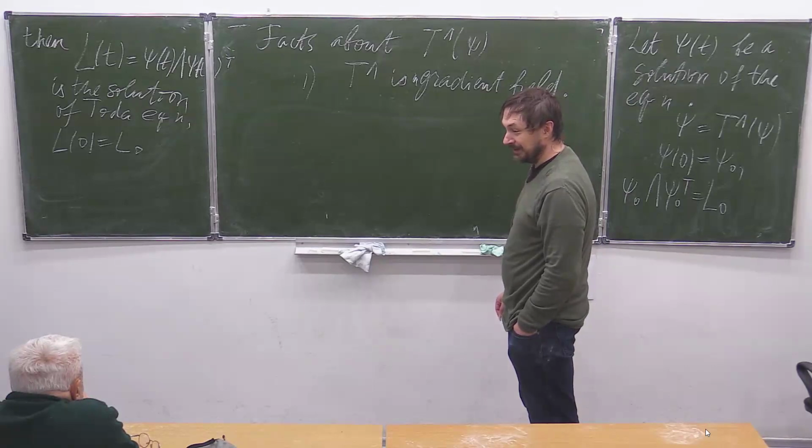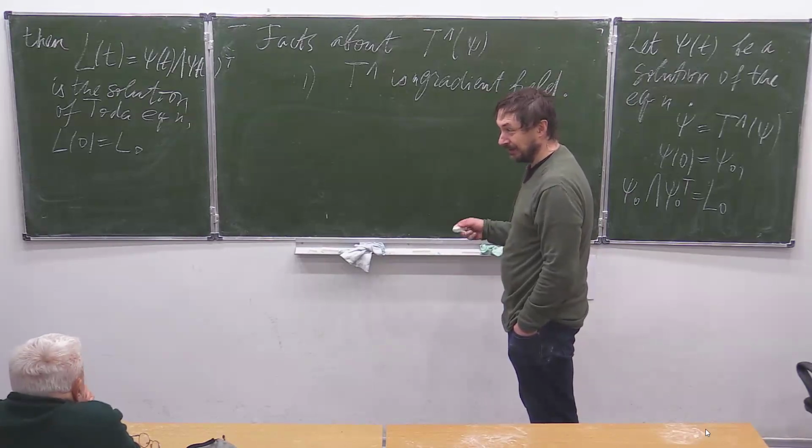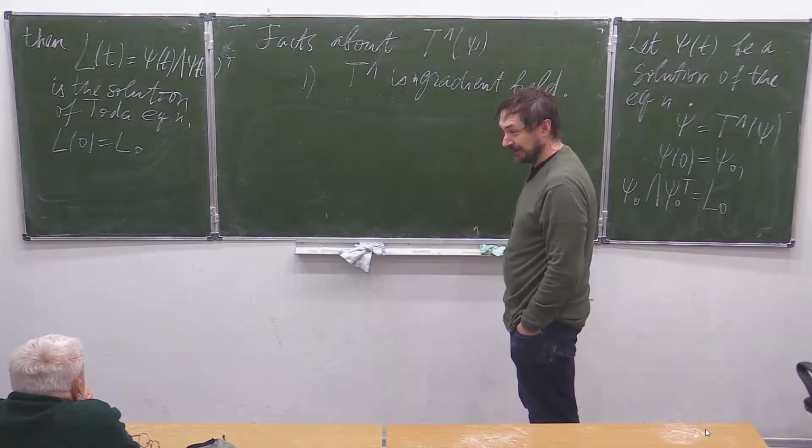On the other hand, the Hamilton systems should preserve a certain measure. And gradient fields cannot preserve measure because their limits are always some points, right?